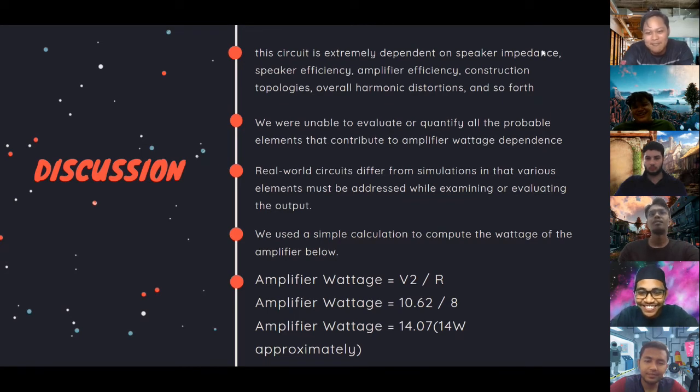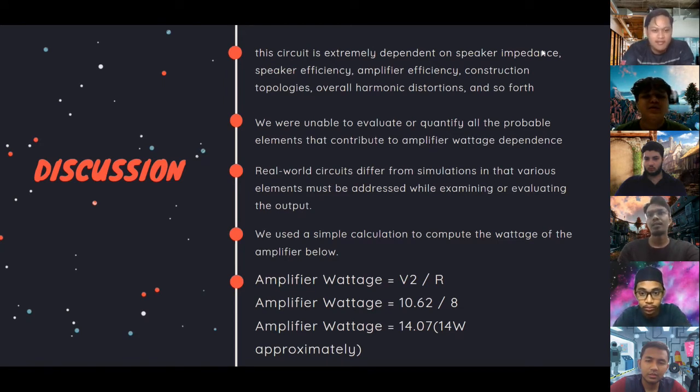At first, we were unable to evaluate or quantify all the probable elements that contribute to amplifier voltage dependence. The real-world circuit may differ from the simulation in various elements, which must be addressed by examining or evaluating the output.